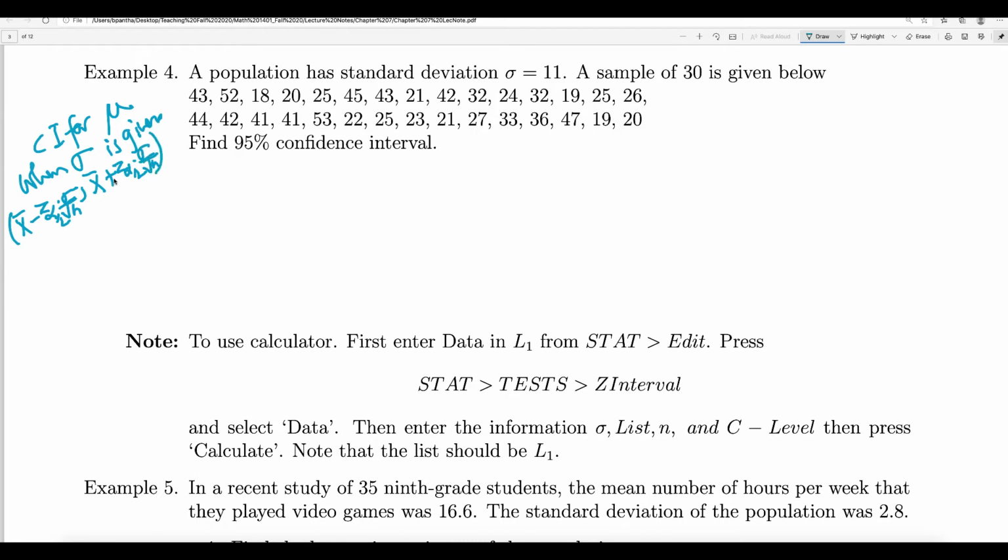That was the formula we did. The examples we did had sigma, n and x bar given, so we found z alpha half based on what percent confidence interval was asked.